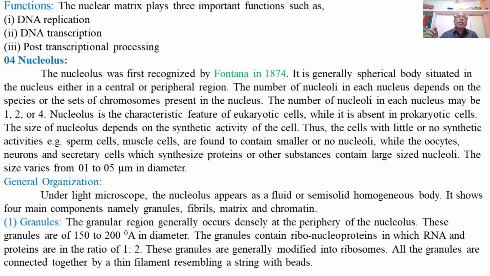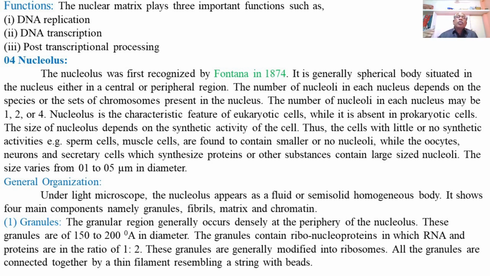So messenger RNA is transcribed from the DNA strands of the chromosomes or chromatin material, and is then used for the further process of protein synthesis. So DNA transcription means mRNA synthesis, which also occurs in the nuclear matrix.